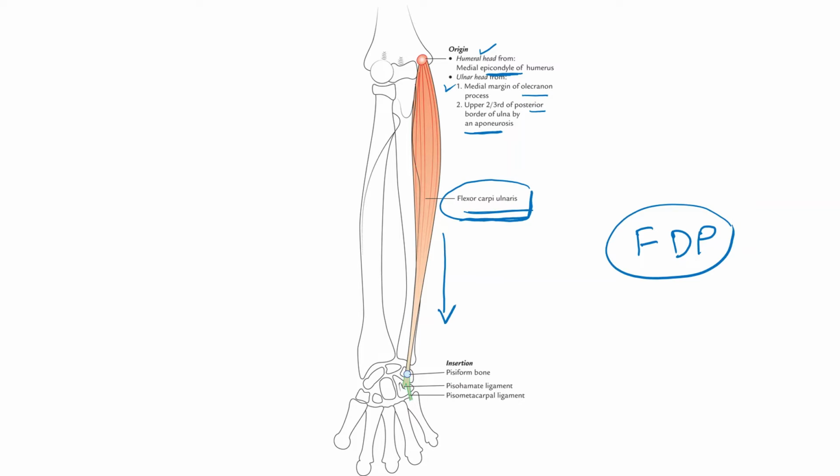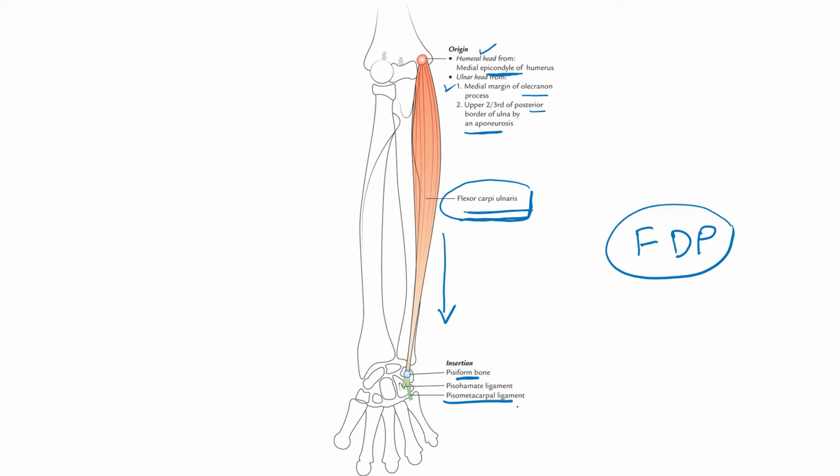Insertion of this muscle: it passes through the wrist joint, primarily inserted onto the pisiform bone, and through the ligaments, that is the pisohamate and pisometacarpal ligament, the muscle is seen to be attached to the palmar surface of the base of the fifth metacarpal bone.